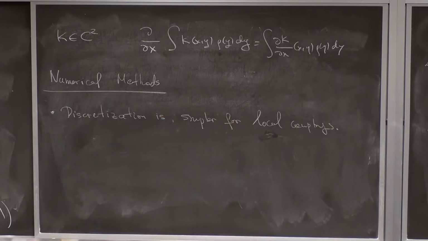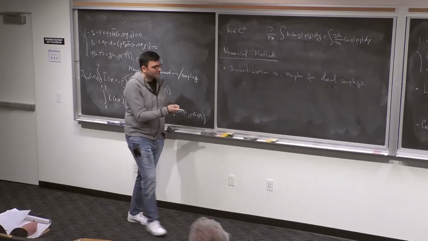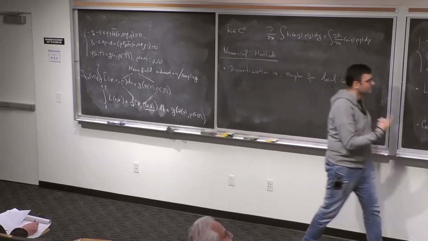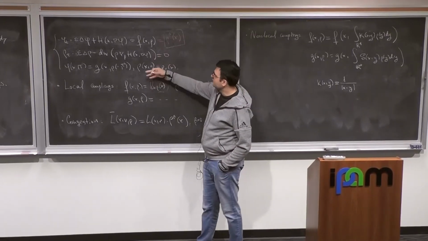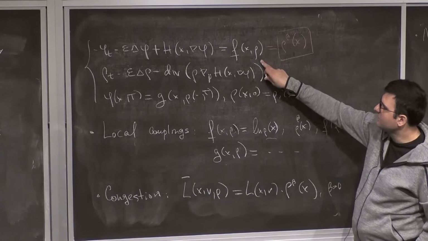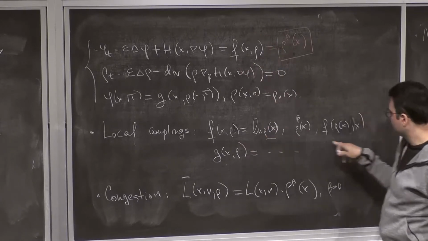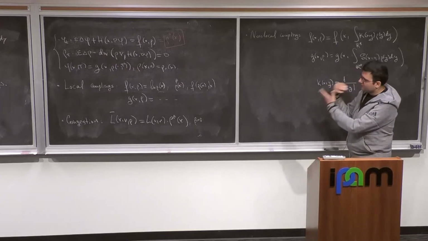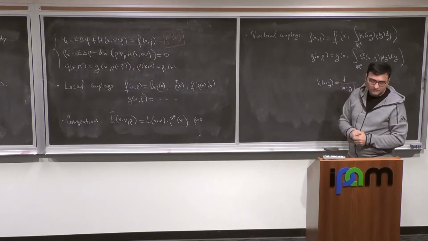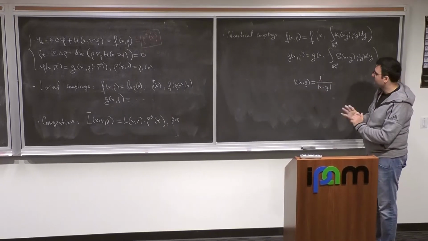So although mathematically the local case is harder, numerically to discretize it, it's simpler, because if we have a discretization, so let's say we have a grid and we have a discretization for rho, then it's obvious how to discretize this f of x, rho. You just put the value of the grid there, right? It's just there. So from the numerical point of view, local couplings are way easier to discretize. I mean, not way easier, but more straightforward, let's say.